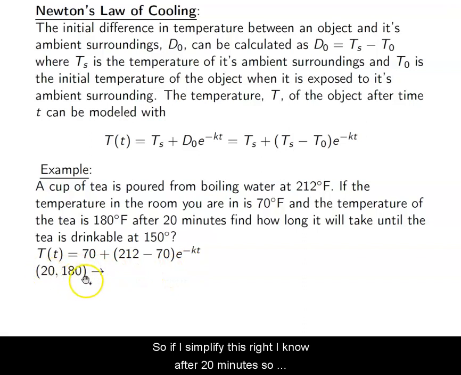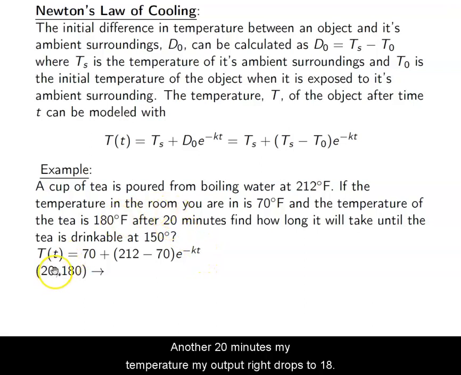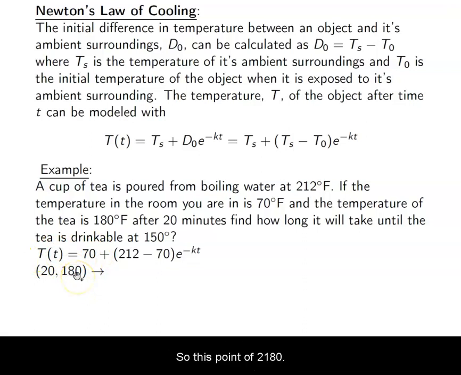So if I simplify this, I know after 20 minutes, so here my time is in minutes, my temperature, my output, drops to 180. So this point of 20 and 180, if I plug this into my equation, I get out 180 equals 70 plus 142 e to the negative 20K, right? The 20 I plugged in for t.